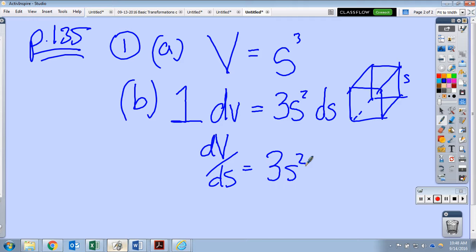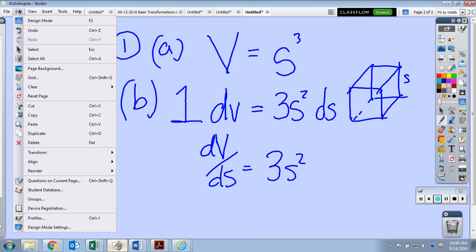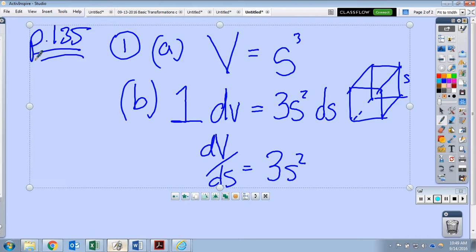This is strictly the relationship of volume of a cube to its side length. It ties in because it deals with derivatives. We were talking about instantaneous rate of change. This is rate of change.